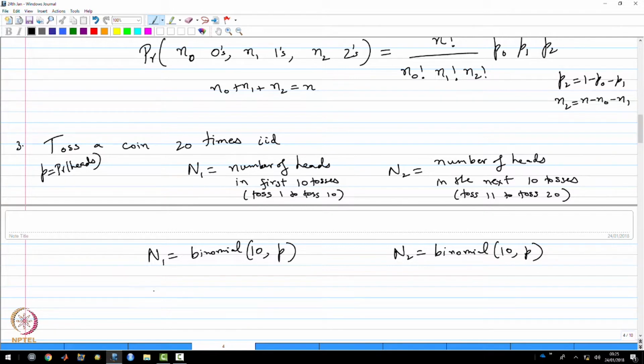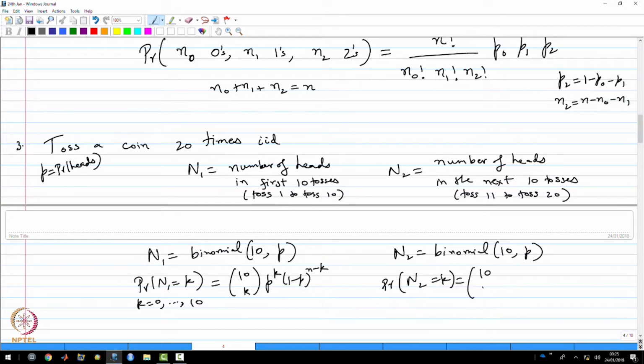So what do I mean by that? So probability that n1 is k, so k equals 0 to 10, is actually 10 choose k, p power k, 1 minus p power n minus k. The same thing holds here. Probability that n2 equals k, it's again the same thing. 10 choose k, p power k, 1 minus p power n minus k.